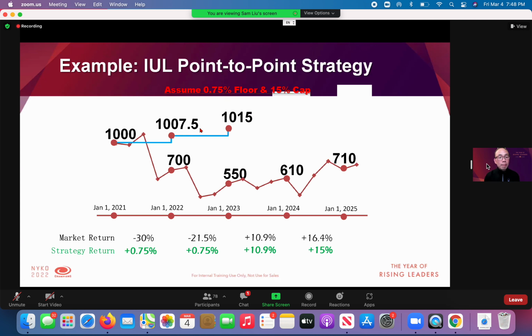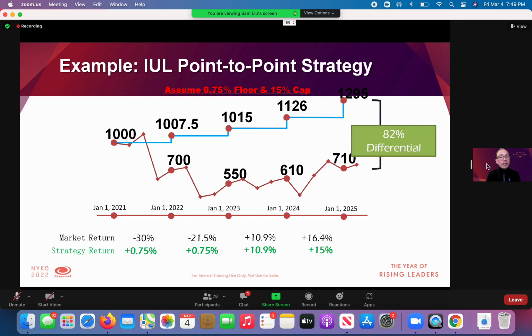The second year, market dropped 21. I still get $7. So I got $15, right? The third year, the market 10.9%. I got 11.26. The following year, the market went up and I get 12.95. So do you see, Mr. Client? That's 82% difference.